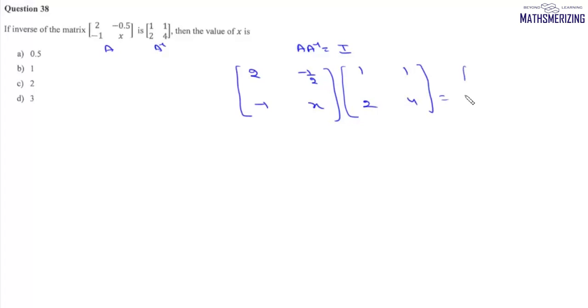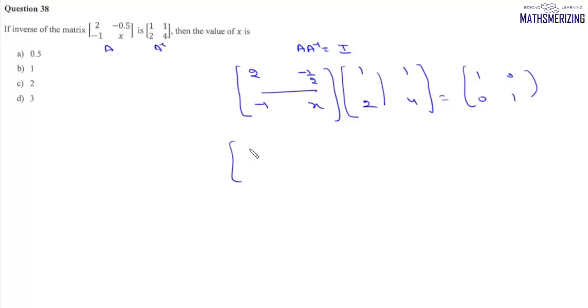Now question number 38 is, if the inverse of matrix, say A, is 1, 1, 2, 4, which is A inverse, we need to find value of x. Now we know that A into A inverse is equal to identity matrix. So we can write 2 minus 1, 2 minus 1 x into 1, 1, 2, 4. It must be equal to 1, 0, 0, 1. Now we'll multiply these two matrix.